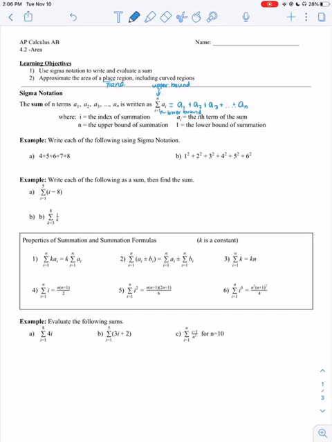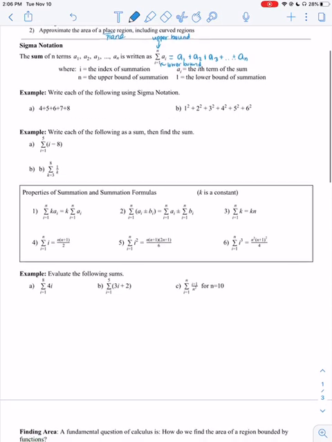So let's practice. In this example, we're going to convert these sums into sigma notation. So first start off by drawing the sigma. And then in example A, notice we're just adding integers. So it's just integers versus in B, it's like the integers being squared.